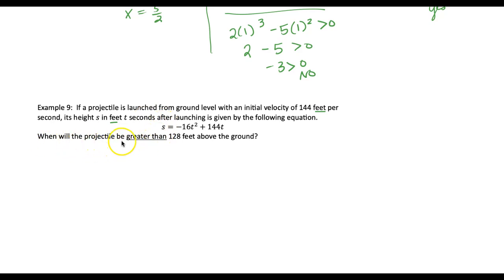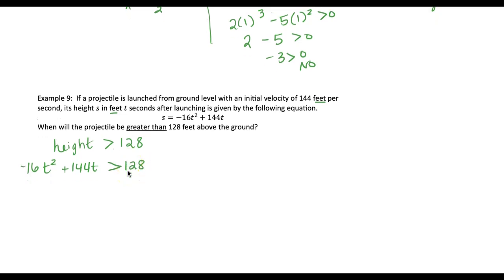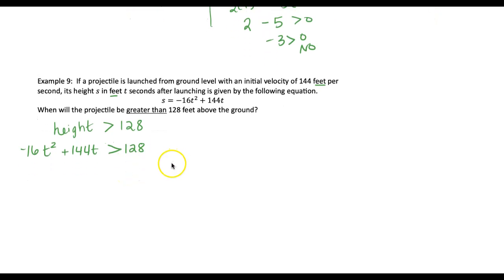When will the projectile be greater than 128 feet above the ground? So I'm going to take that height equation, and I want to make it greater than 128 feet. So our height equation is -16 t squared plus 144 t, and that needs to be bigger than 128 feet. I'm going to solve like we have been.